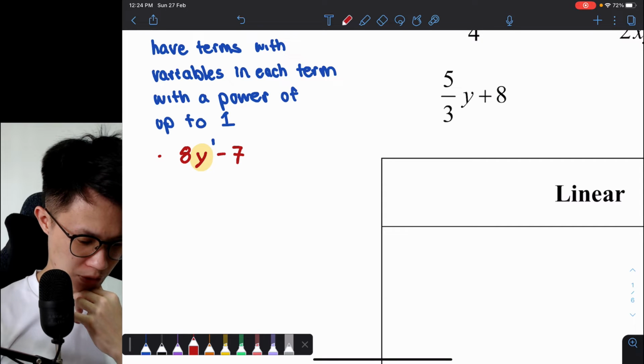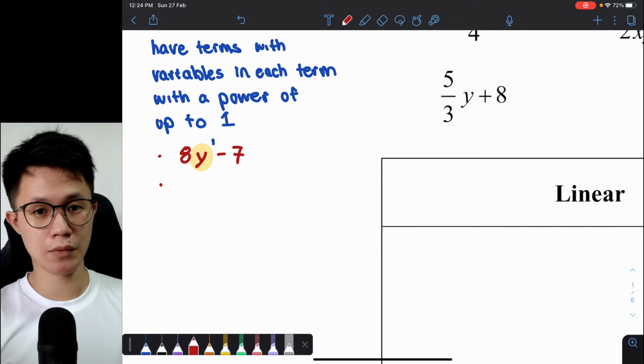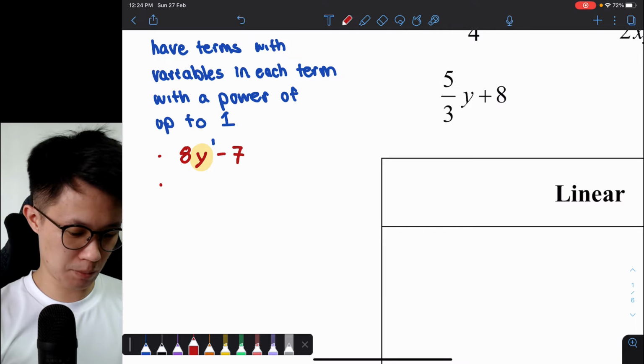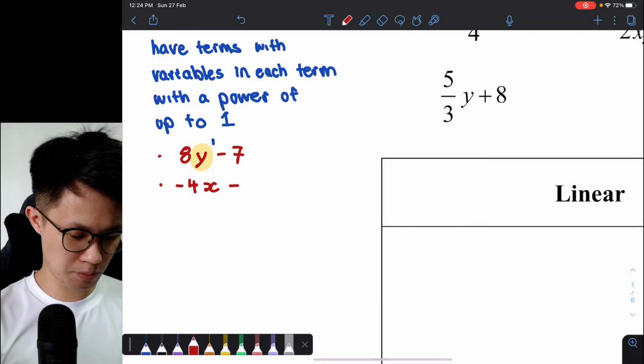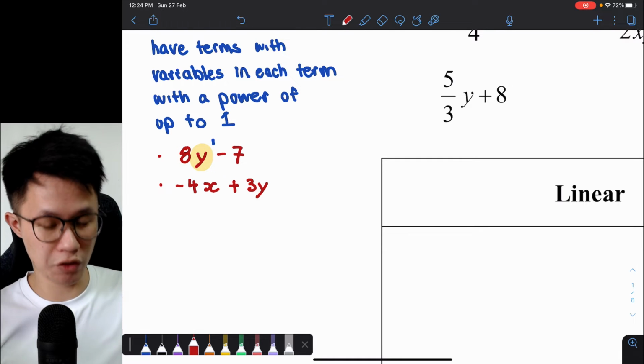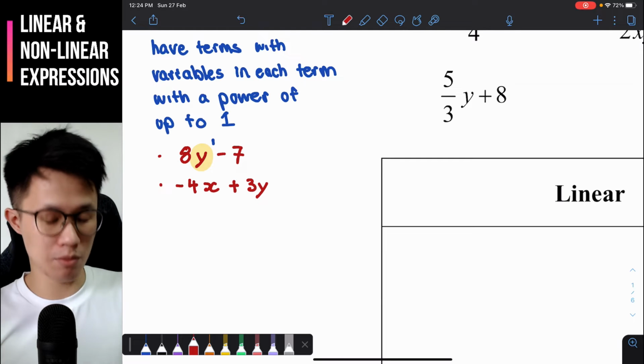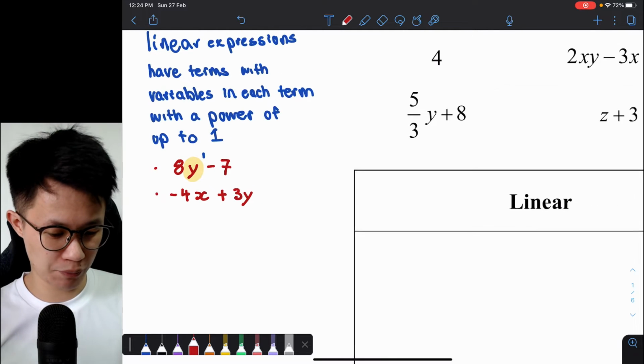Let me give you a few more examples. It could have, let's say, negative 4x plus 3y. This is also a linear expression, but in two variables, and all the terms have a power of up to 1.